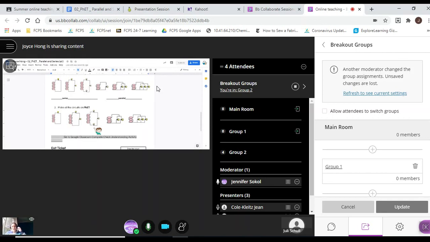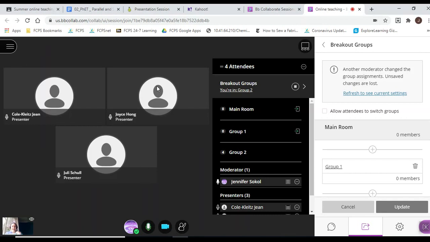Cool. So my suggestion, since somebody already built the first one, is that somebody do a 2 light bulbs in series and somebody else do the 2 light bulbs in parallel and show them to each other so you can talk about how bright they are. And I'm going to give you guys about 3 more minutes in here before I bring you back to the main room, okay?